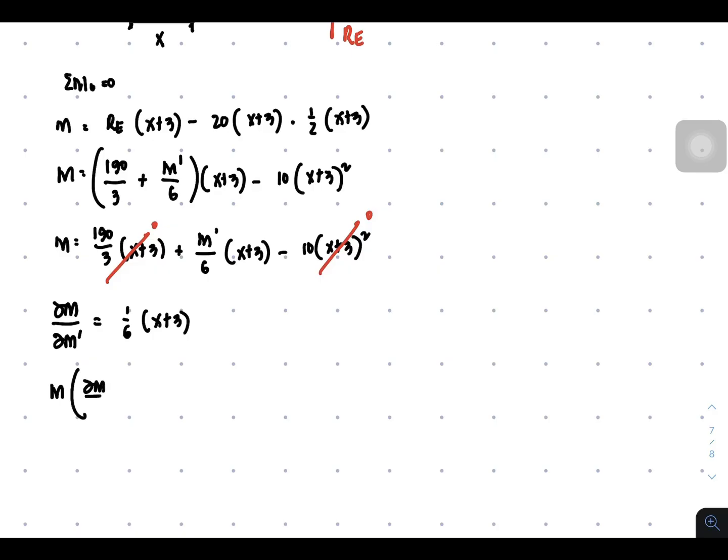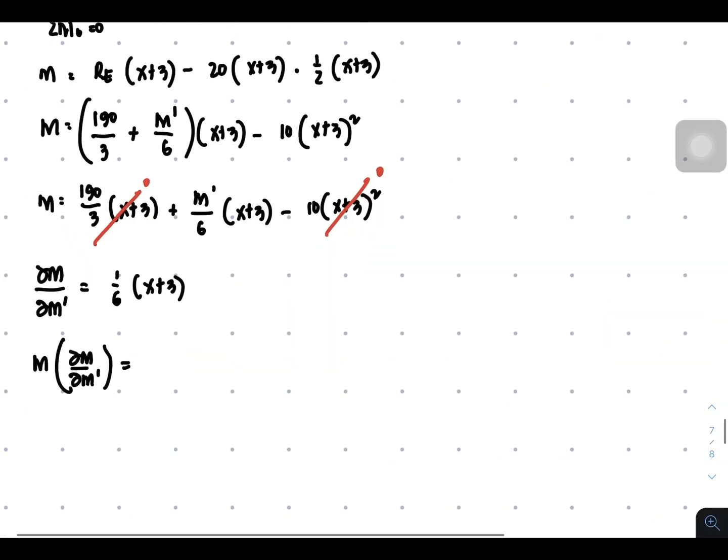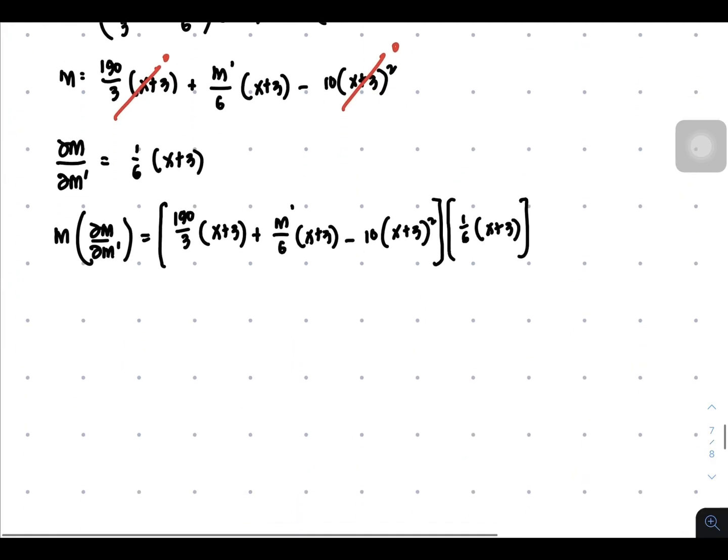And with that, we can now get the final output of the product of the two equations. It's now 190 over 3 times x plus 3 plus m prime over 6 x plus 3 minus 10 times x plus 3 square times 1 over 6 x plus 3.